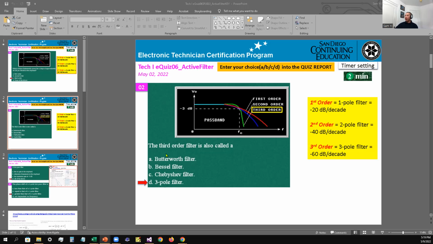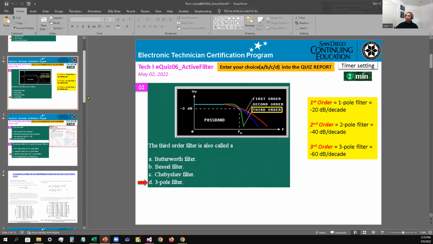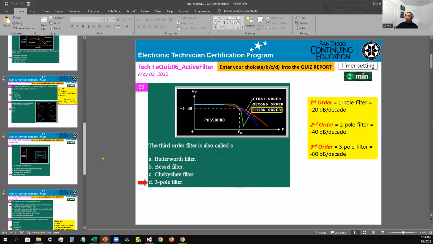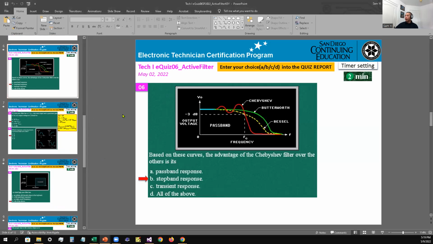We don't know whether it's a Butterworth filter, Bessel, or JFET, because I don't think I have that schematic for JFET. So this would be like JFET. It doesn't look like Butterworth, doesn't look like Bessel, doesn't look like JFET.